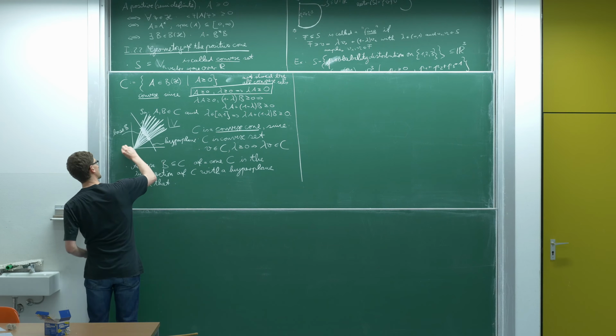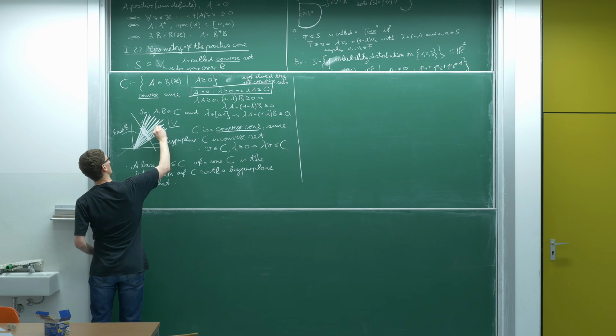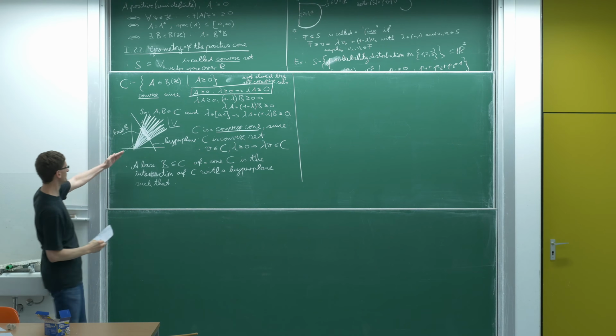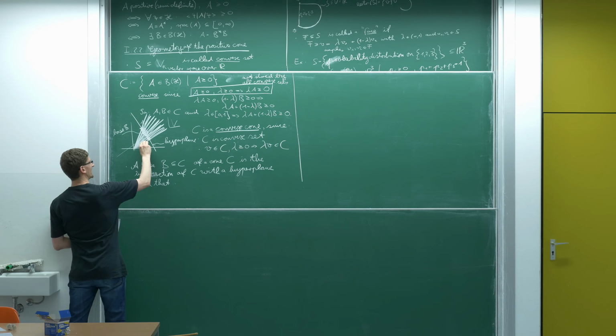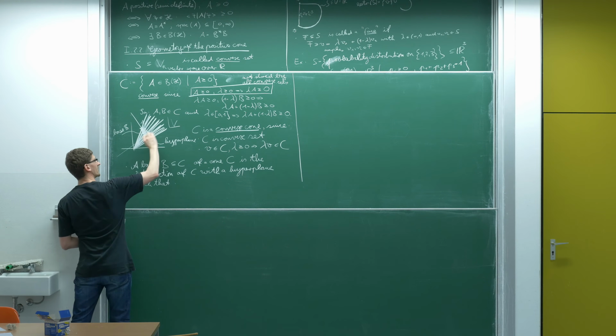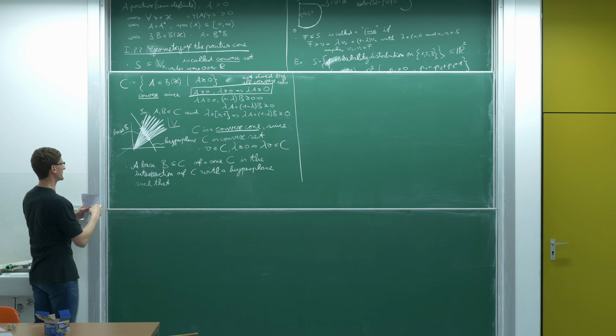So it shouldn't be, for example, this hyperplane, which is parallel to the side of the cone, because no point on this ray would be an element of that hyperplane that I've chosen.